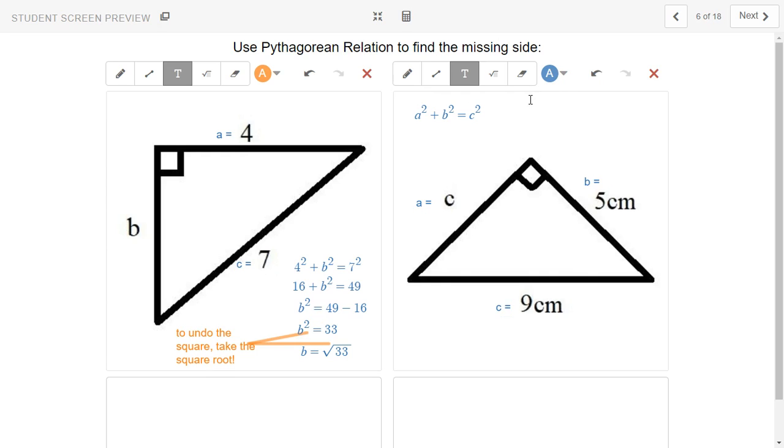Now, when I substitute it into my equation, I'm going to have A squared plus 5 squared is equal to 9 squared.